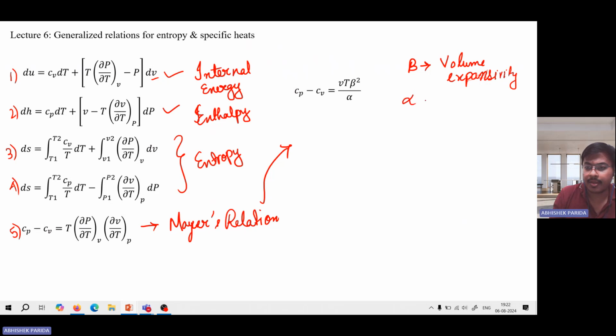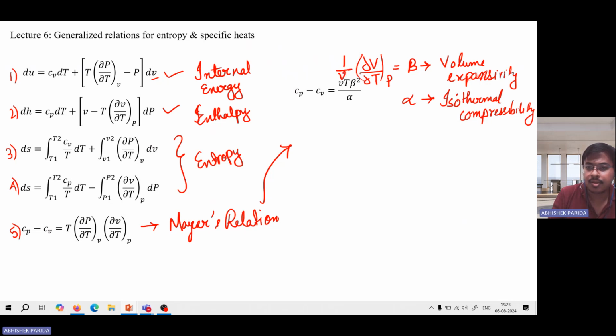And alpha is the isothermal compressibility. Now beta is the volume expansivity, 1 by V, specific volume, times dou V by dou T at constant pressure.